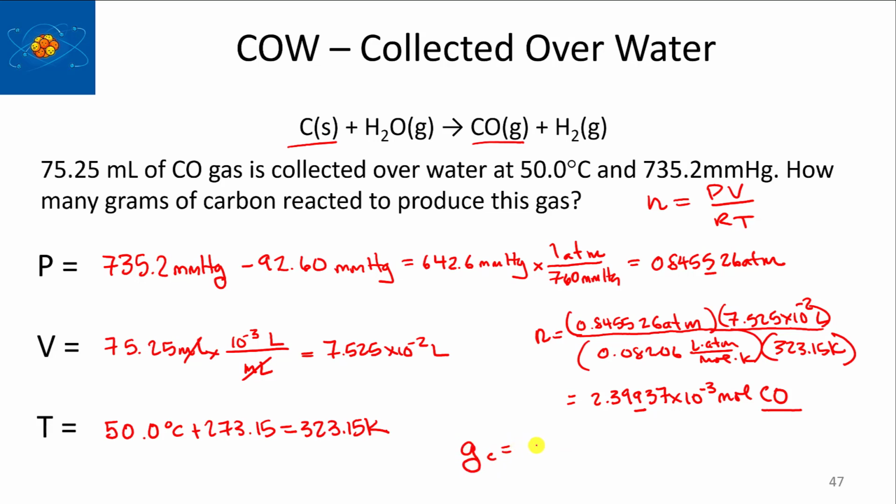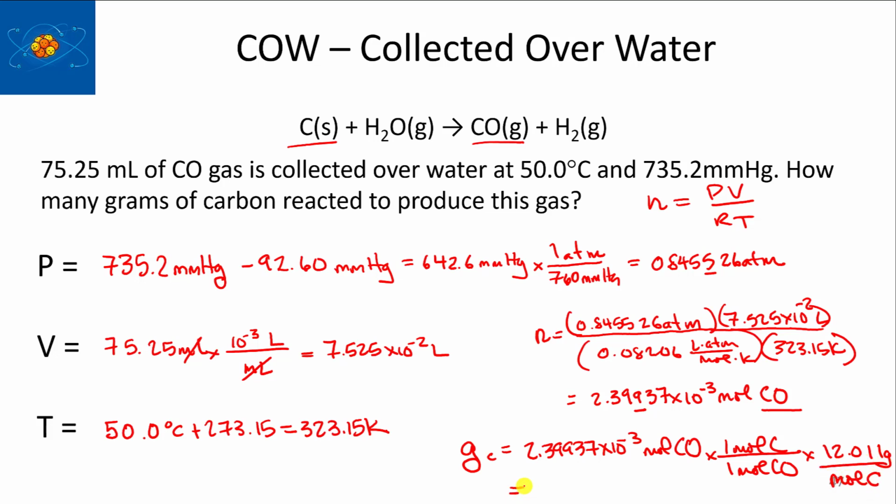I'll start with my 2.39937 times 10 to the minus 3 moles of CO times 1 mole of carbon for every 1 mole of CO, and then that times 12.011 grams of carbon for every mole of carbon.